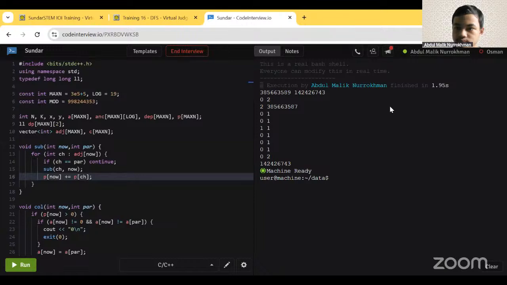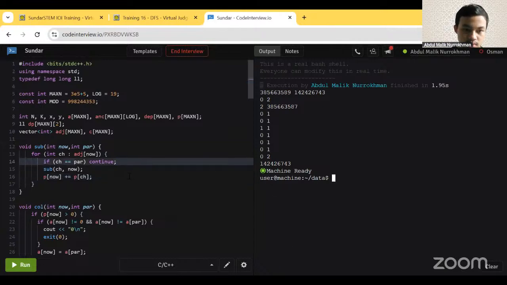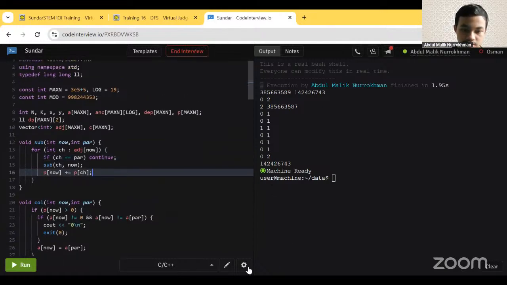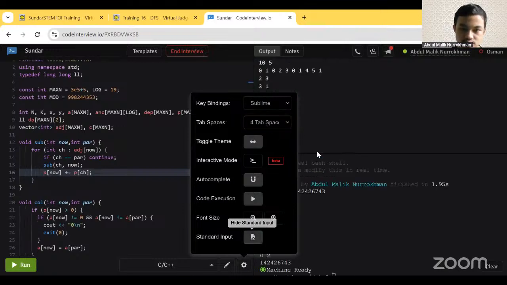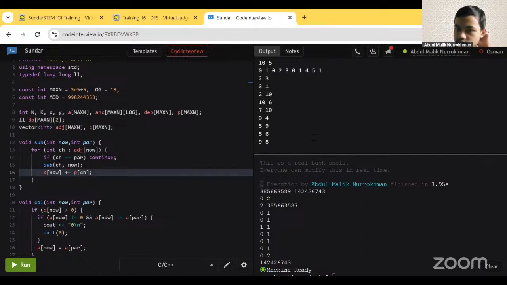So after I tried to submit this solution, unfortunately, it still got wrong answer from this test case.